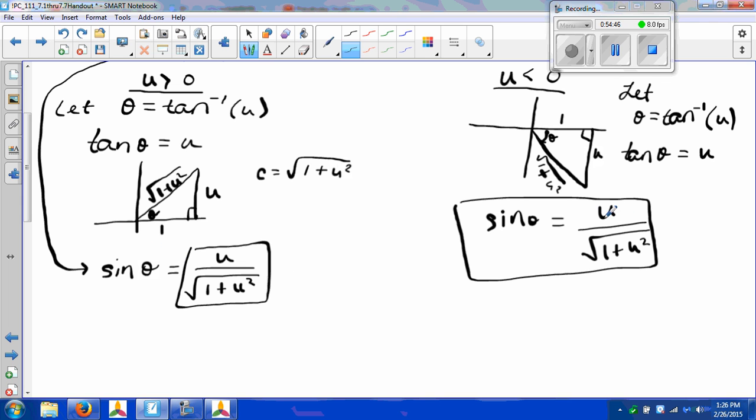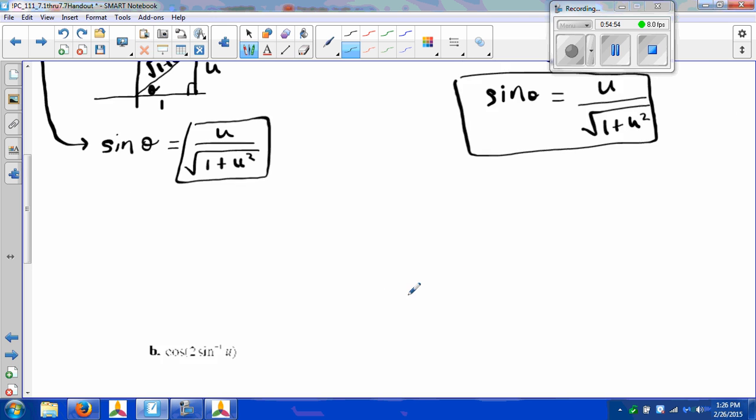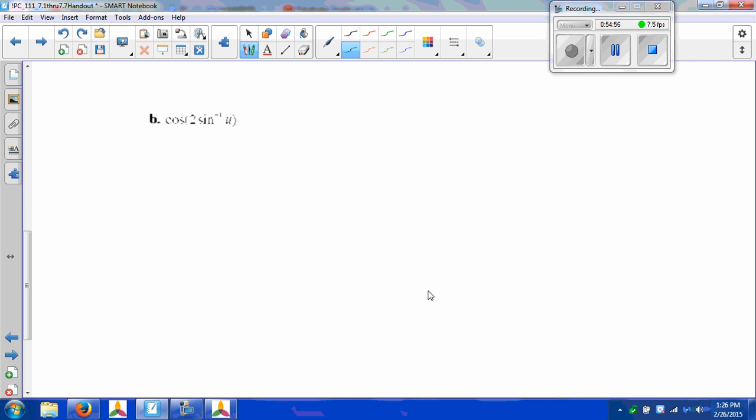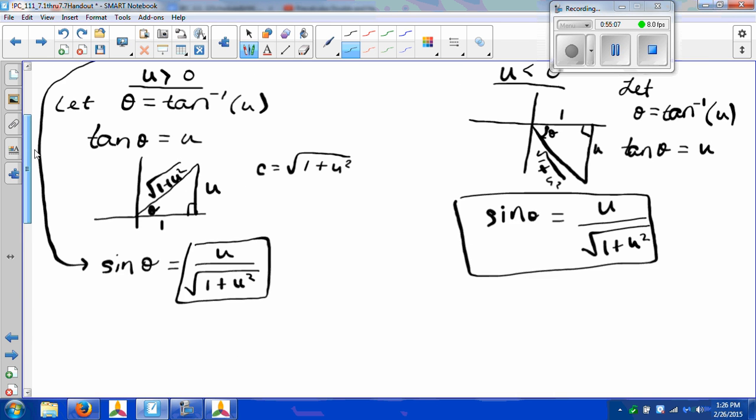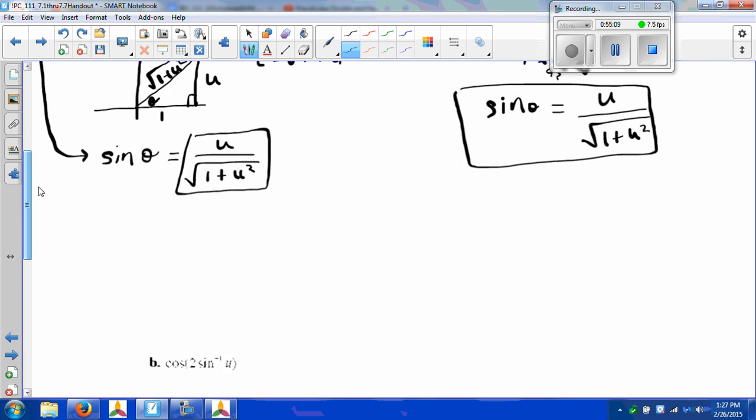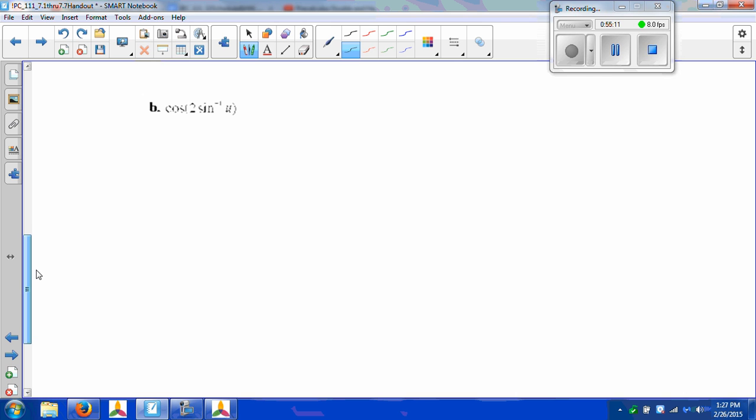And if u is negative, because this is squaring and all that anyway, then it will still come out negative, just as the sine of theta should in quadrant 4. Okay, so now that we've learned that, you don't have to draw it in both quadrants. You can just do it in quadrant 1 if you want, but I do like the idea of thinking about it and making sure that you understand why it works out, even if you don't consider the negative.